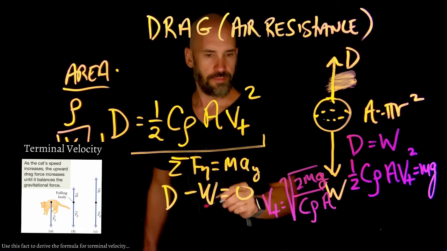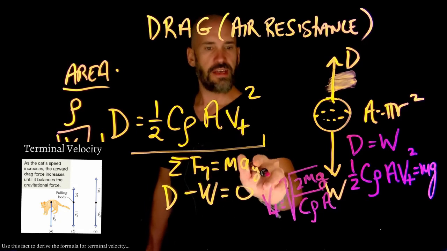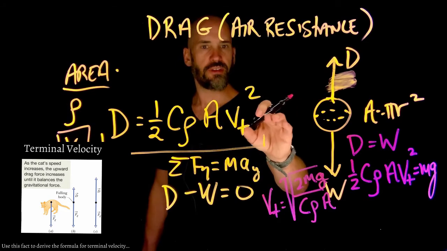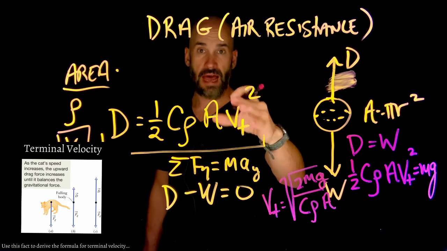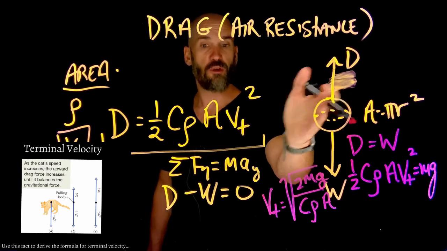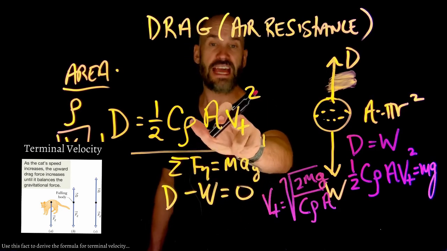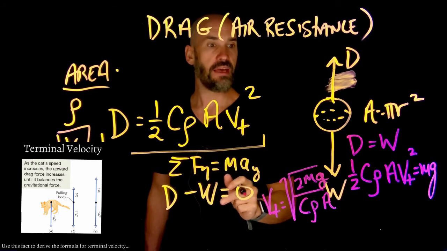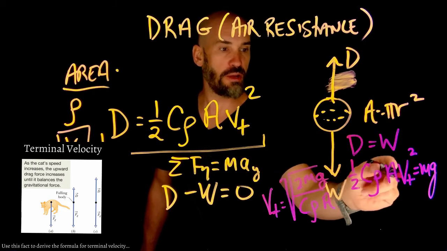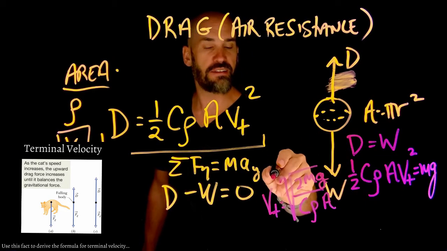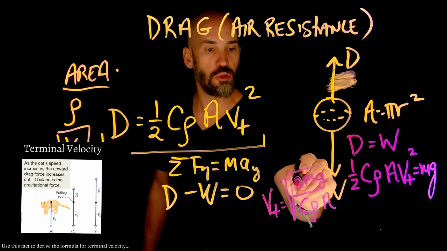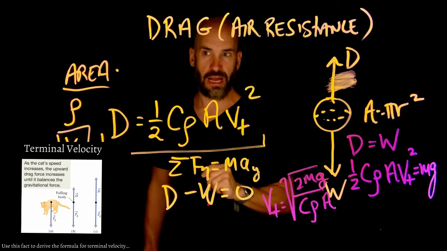So, in summary, every object that falls builds up a drag force the higher the velocity is. When that drag force equals the weight, you reach the highest velocity you're going to be able to get. By setting the drag force equal to the weight, we can solve for vt, and we find that vt is the square root of 2 times the mass of whatever object that is.